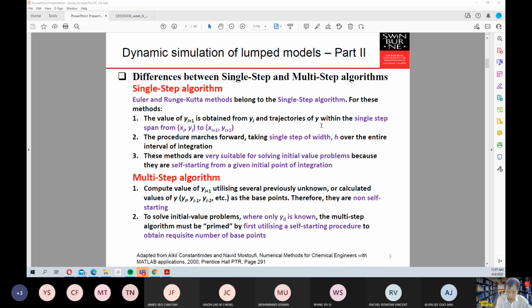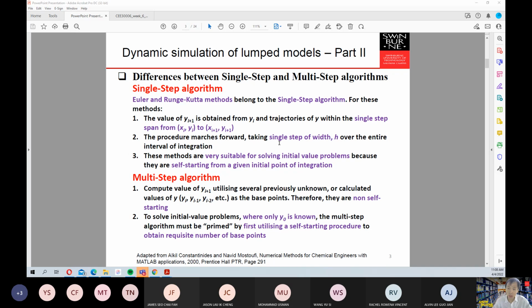So the trajectory of y is obtained with a single step spanning from (x_i, y_i) to (x_{i+1}, y_{i+1}). The procedure marches forward, taking single steps of width h over the entire interval of integration.